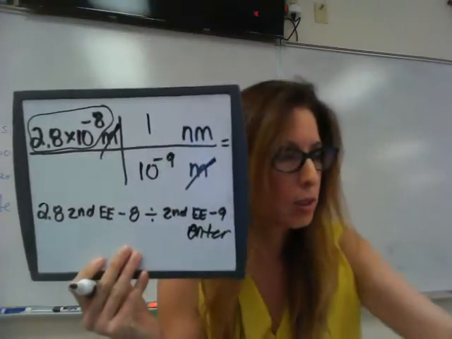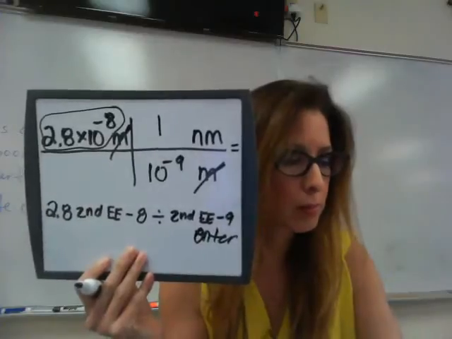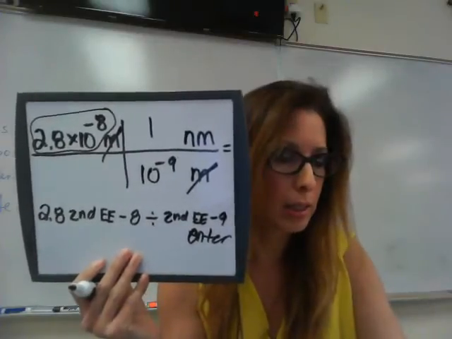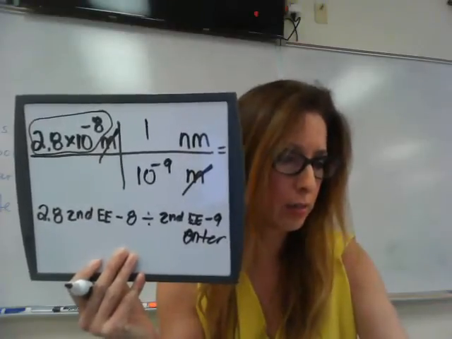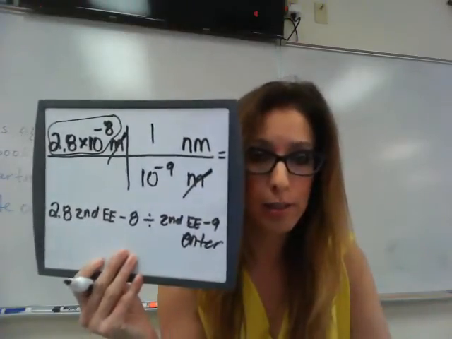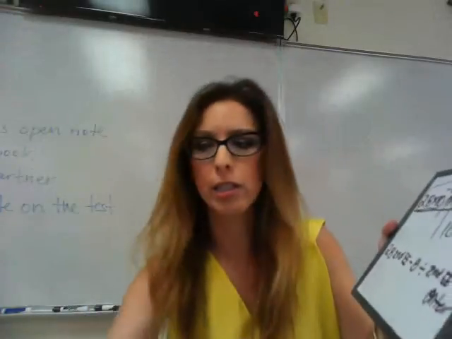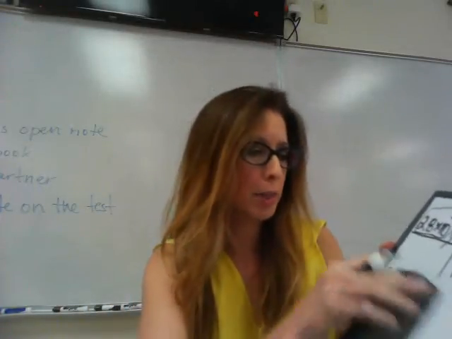So 2.8 second E negative 8 divided by second E negative 9 is 28. So my answer here is 28 nanometers.